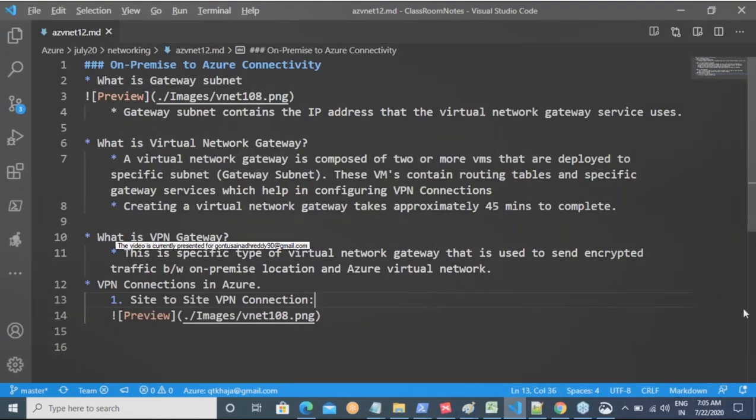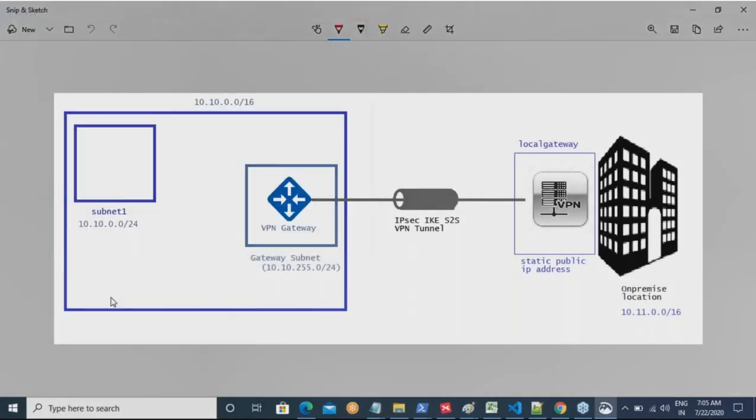But unfortunate thing is we can create all of this side of the stuff. But in the on-premise where you have a VPN server and all of that stuff, that we cannot create. That's the difficult part over here. Okay. So am I clear? We cannot create this VPN in our lab because of hardware restrictions.